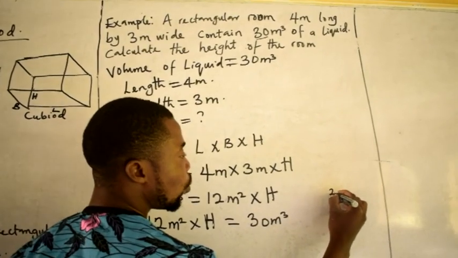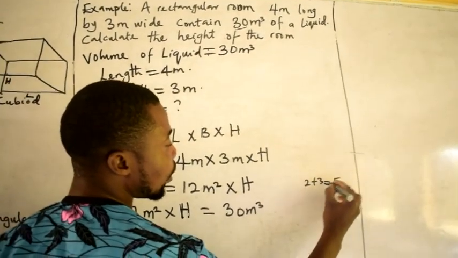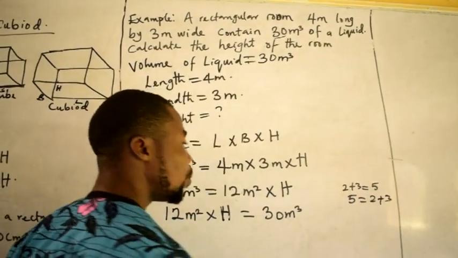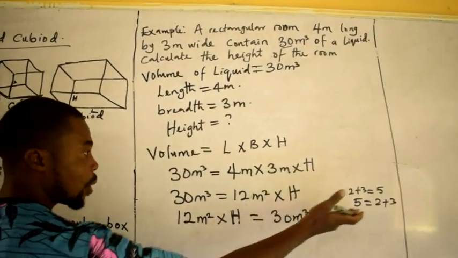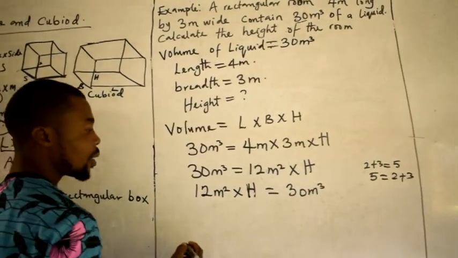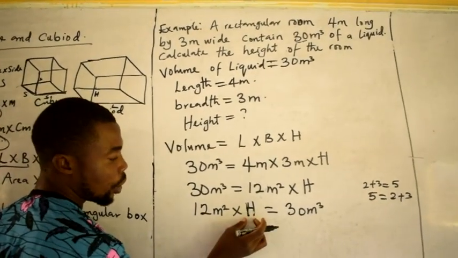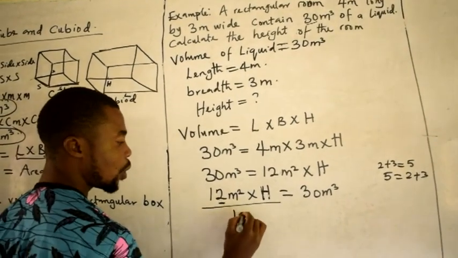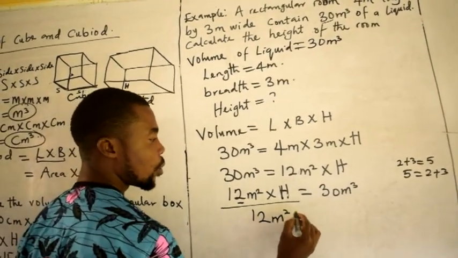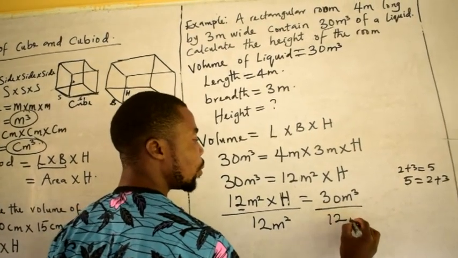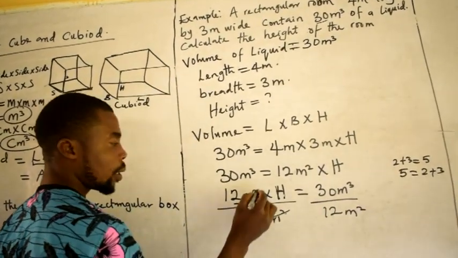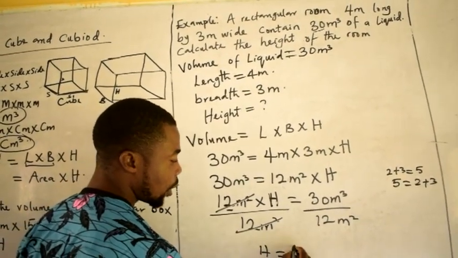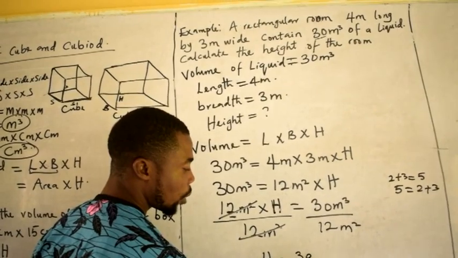When you say 2 plus 3 is equal to 5, it's still the same thing as 5 is equal to 2 plus 3. We are still saying the same thing. That is what I just did. And if you want to get your h, you divide both sides by 12 meter squared. 12 meter squared cancels 12 meter squared. H, our height, now gives us 30 over 12.